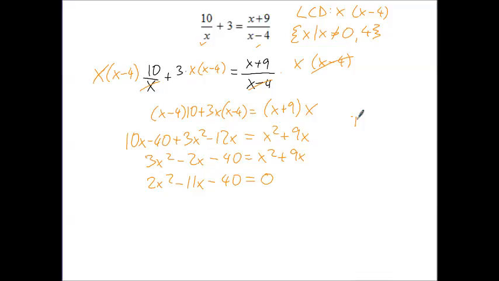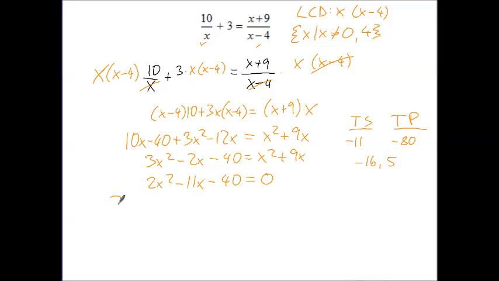So, are there any numbers that we can use for factoring? Our target sum is negative 11 as always, but our target product is again 2 times negative 40, which is negative 80. So which two numbers will give us negative 11 and negative 80? And the answer is negative 16 and positive 5.